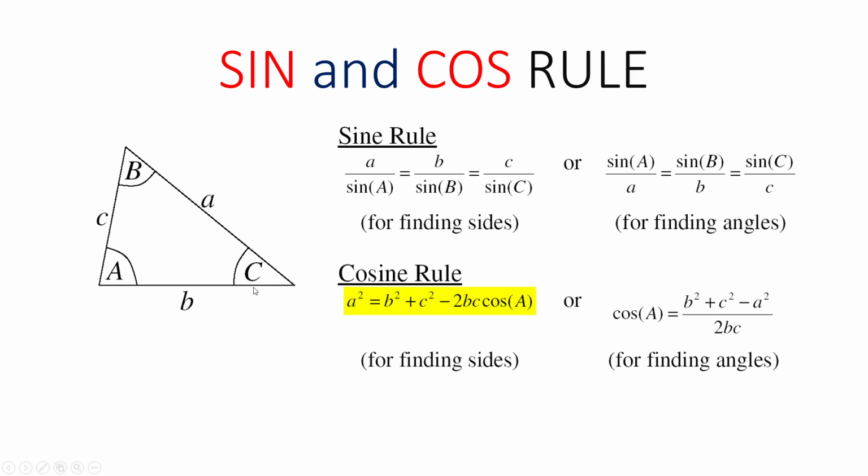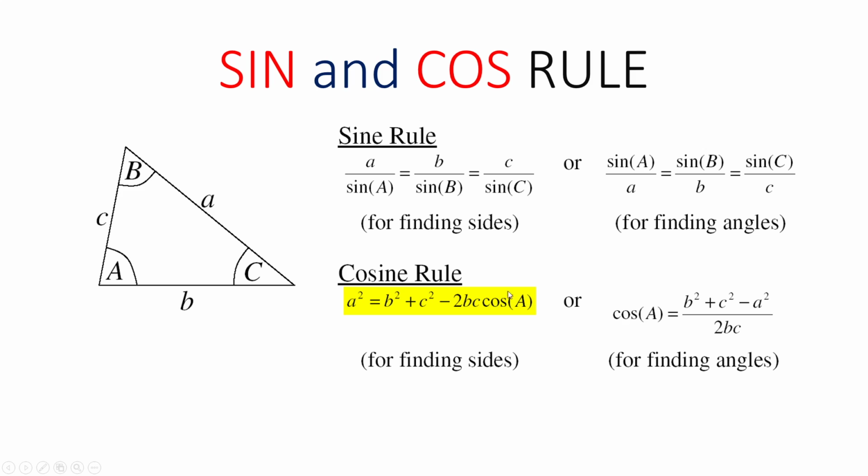Now you can use this rule to find angles and also to find sides. However, it's best to use this rule to find sides, and cosine A can also equal b squared plus c squared minus a squared over 2bc for finding angles.